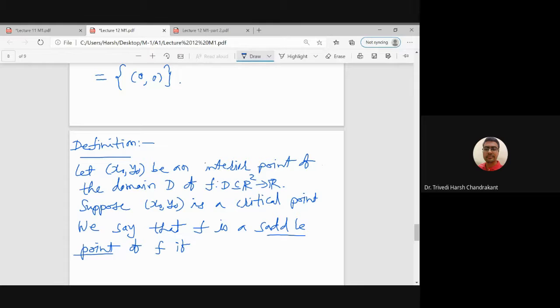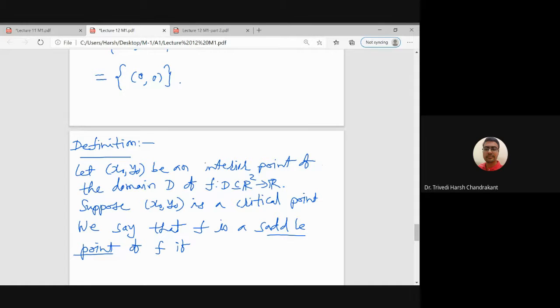So local maximum or minimum means there exists a neighborhood of the point such that the value of the function in that neighborhood is smaller than f(x0, y0), or bigger than f(x0, y0), right?